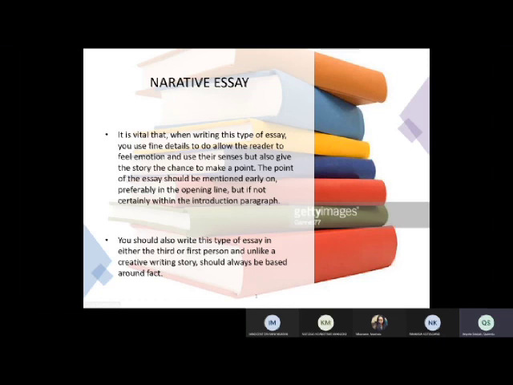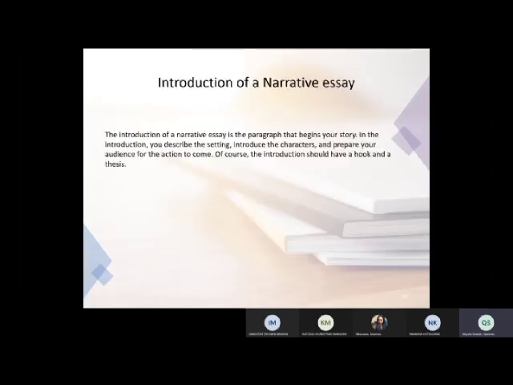So that is what makes a narrative essay different from writing a fictional story or writing a creative essay. So it will be the facts, right? Same as with the argumentative essays, you have to provide evidence for your arguments or for your points.